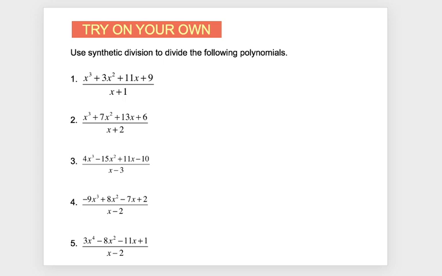Do we have to submit the work for the try on your own? That's a good question. So let me just look here if you're still with me. Classwork, the homework for synthetic division. This will be your homework. So this is going to be your homework for tonight. This try on your own. I think this is fair.